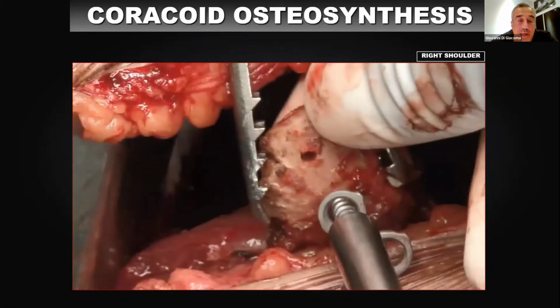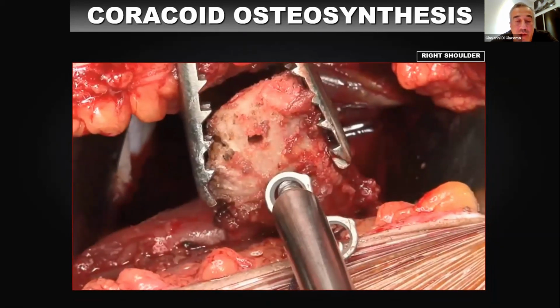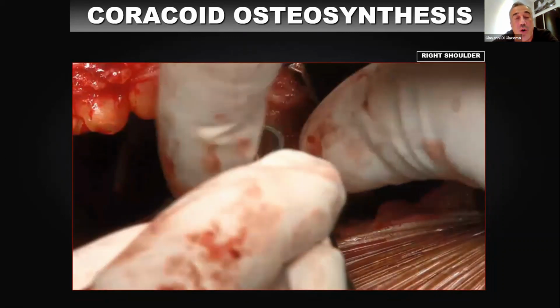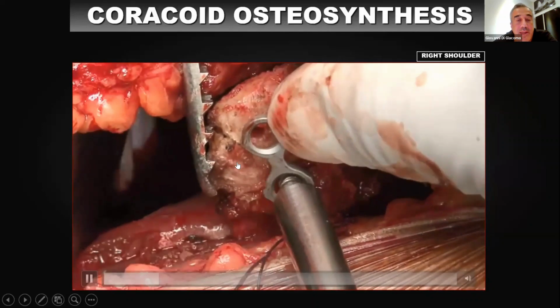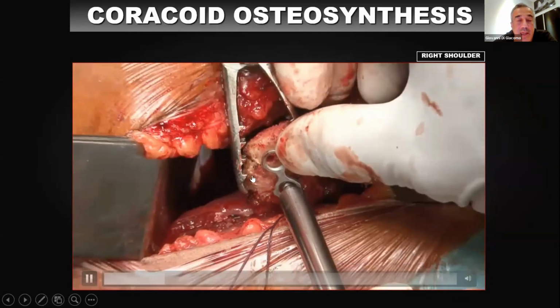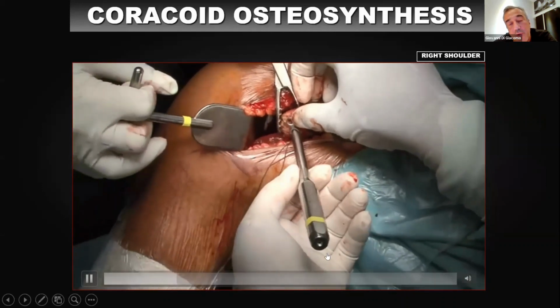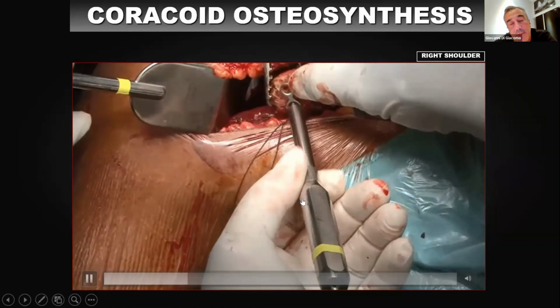This is the final part, always the right shoulder. You can see the plate. We have a very special joystick that is cannulated. At this point, we have 2 holes on the coracoid, and we made 2 holes with the same technique on the glenoid. At this point, if you introduce a K-wire into the joystick, it's very easy.